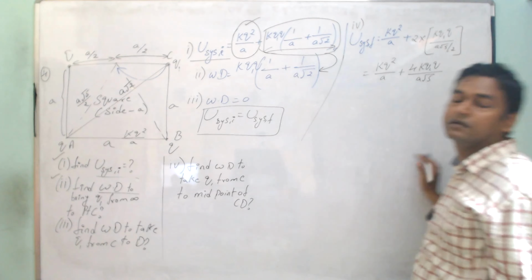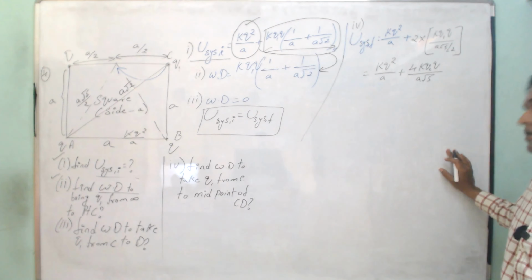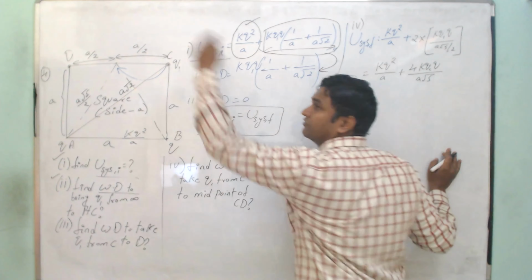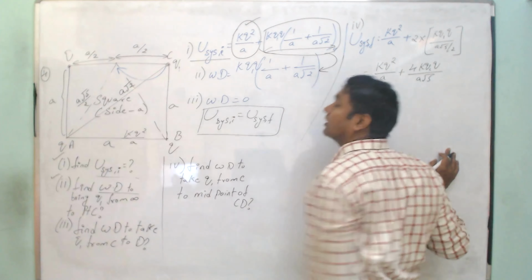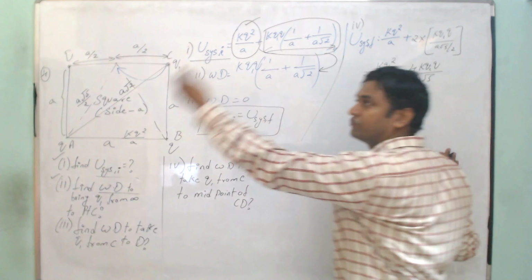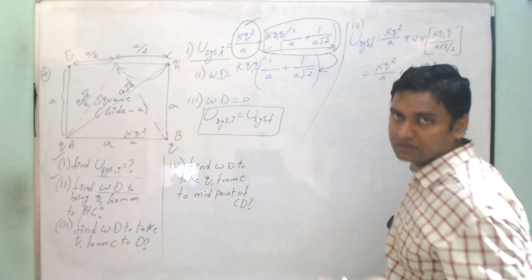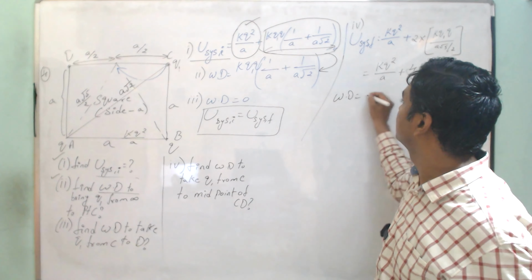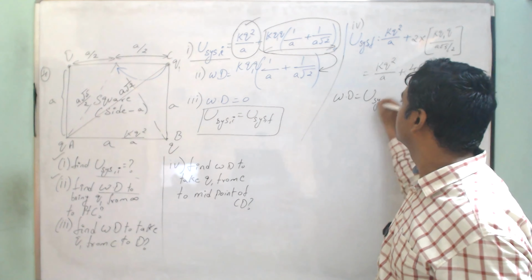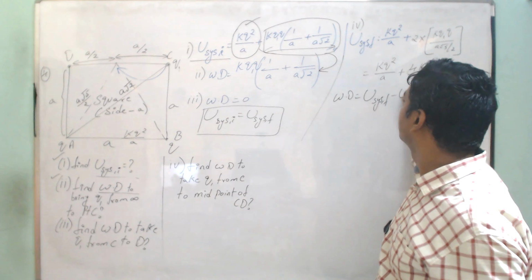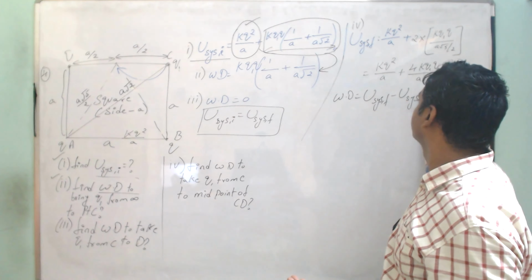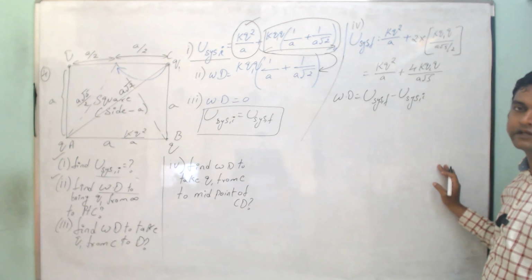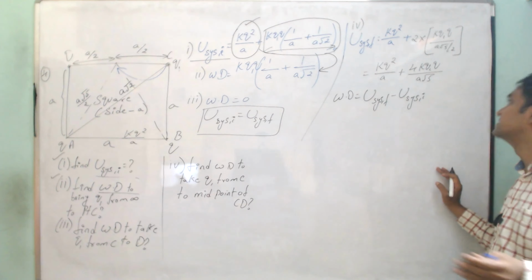Correct? Yes, sir. I told you, 2 apples, 5 apples, what is the work done? 5 minus 2, 3 apples. So here also, what is the work done? Final potential energy of the system minus initial potential energy. Clear? Yes, sir.